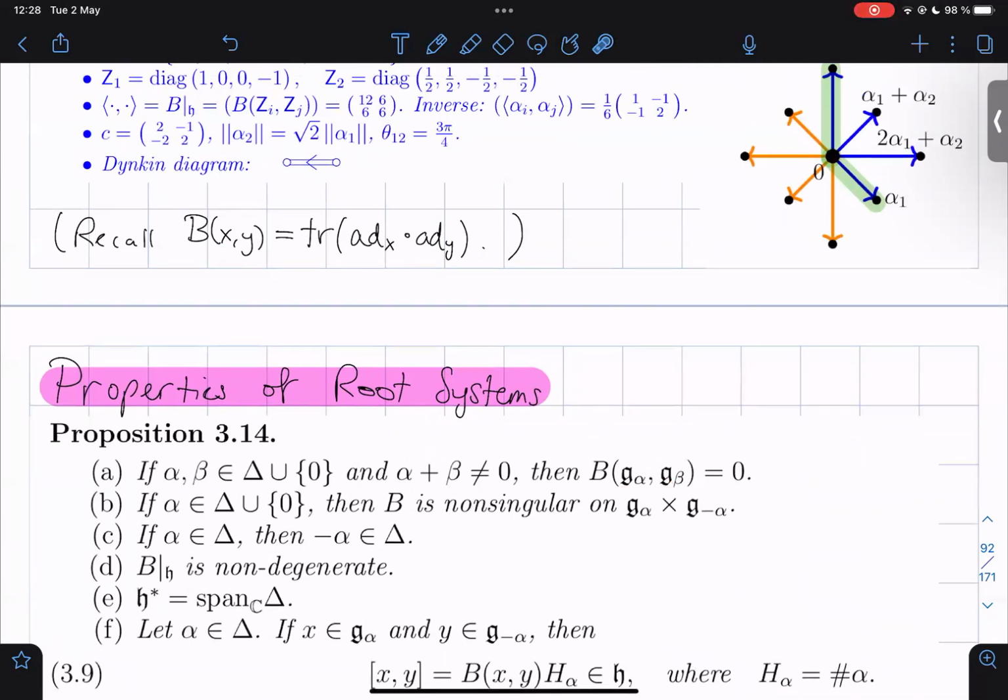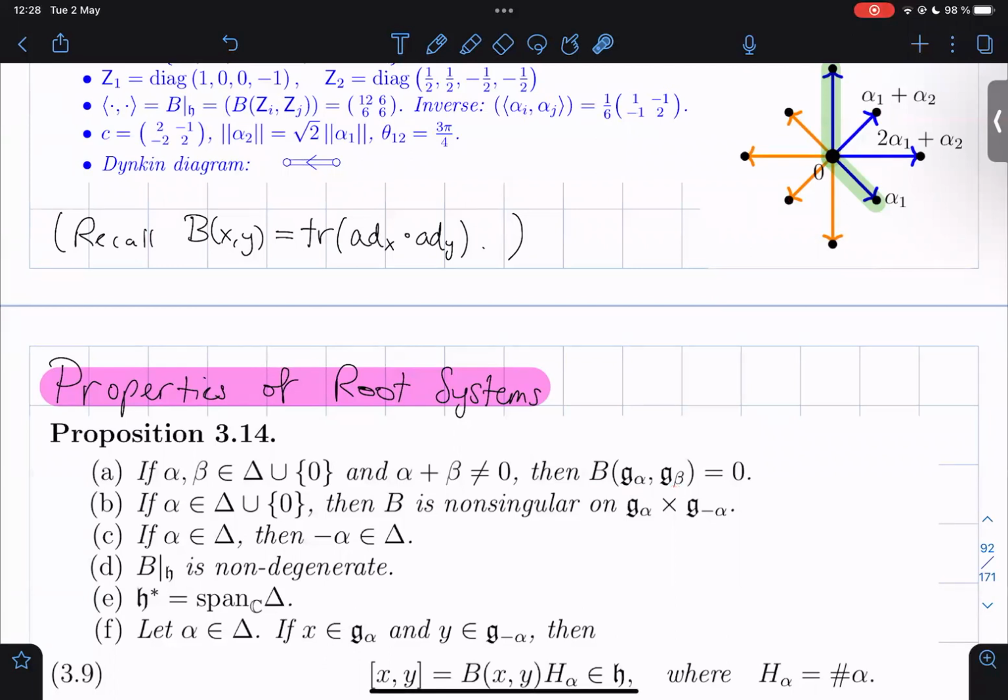If I were to take something other than the one lying right opposite it as my beta, then these are going to be orthogonal under the Killing form. So all the interesting stuff for the Killing form, for a given choice of alpha, is going to be contained in the minus alpha direction.